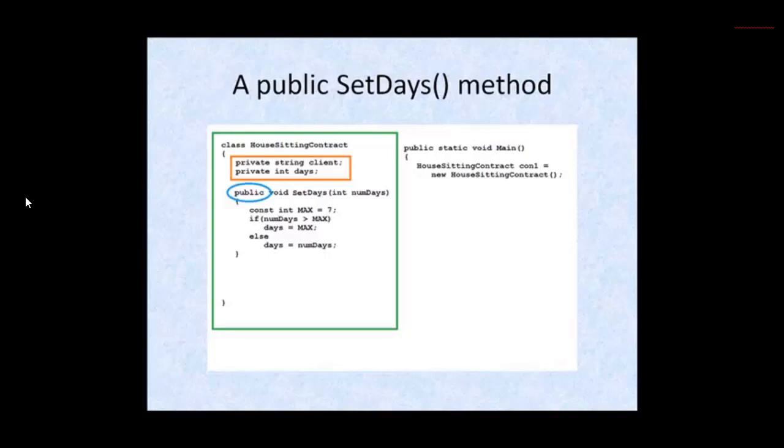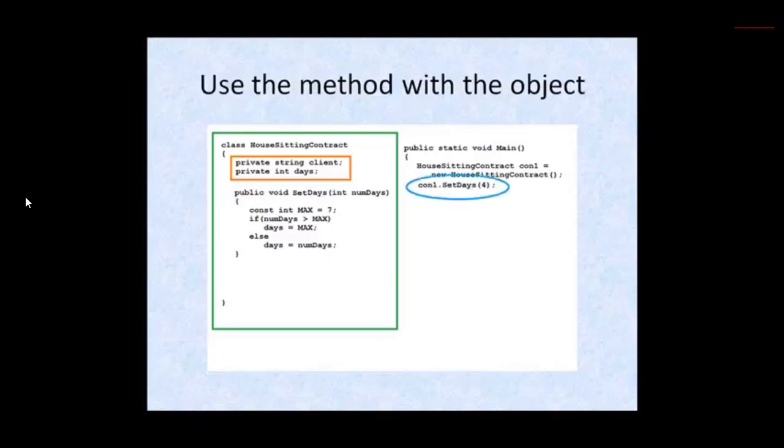Otherwise, it sets days to the number of days passed in. In the main method, you might say con1.setDays and pass in a value. The value can be passed into the method. It becomes num days within the method, and then it's assigned to days, which can get to the field. Because the setDays method and the field are in the same class, the days can be set by using the public method.